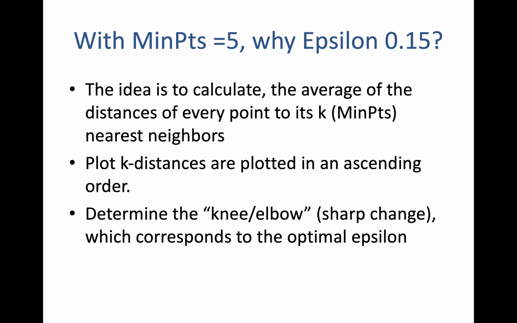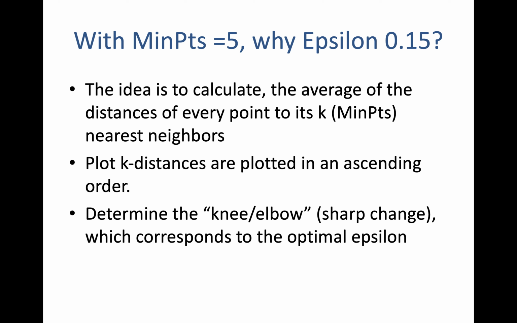Okay, so far when running dbscan, I've just been saying you need to think about the minimum number of points that you want to use. You need to think about the epsilon that you want to set up. Again, how many points do we require for a cluster to be considered a cluster? What's the distance between these points, right?